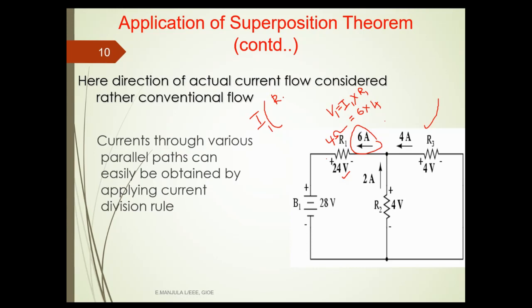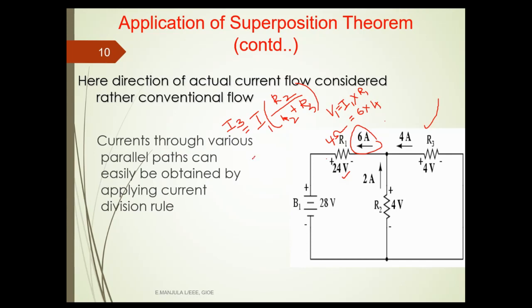It is the opposite component R2 divided by R2 plus R3, multiplied by I1. This gives the current I3, which is the current flowing through R3.